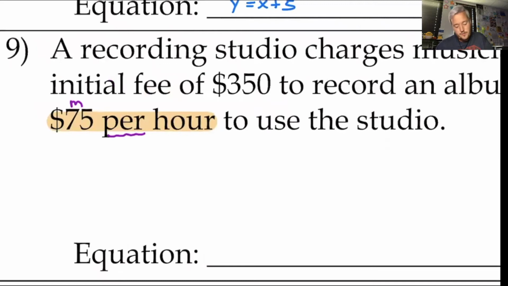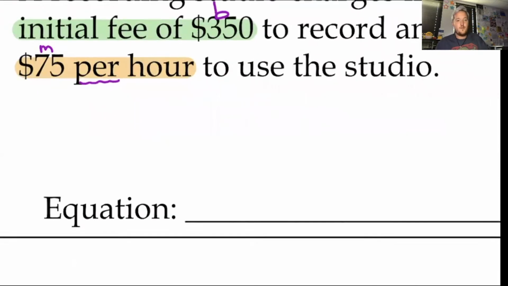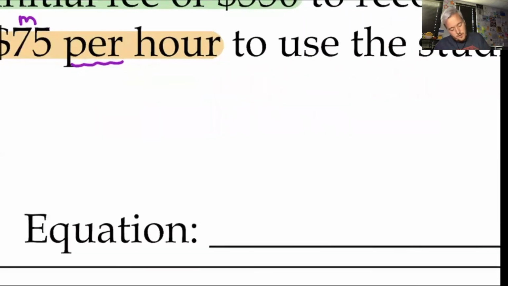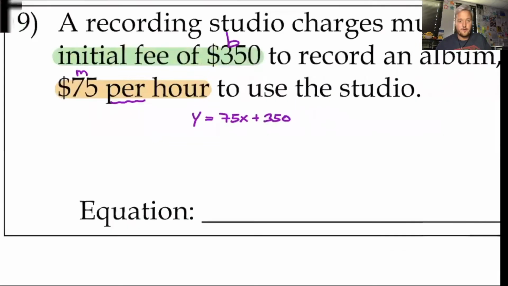Now the initial fee of 350, anytime you have an initial value, that's your indicator that it's going to be your b value. That's where you start. So I'm just going to take that information and plug it in. So y equals 75x plus the initial fee of 350. So that's your equation.